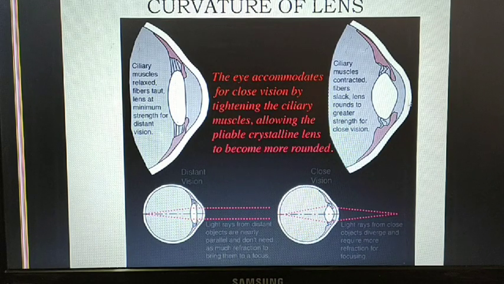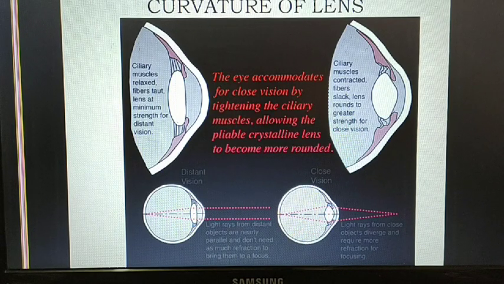So here we can see it becomes more convex. The anterior surface bulges more than the posterior, and the refracting power of the lens is increased.